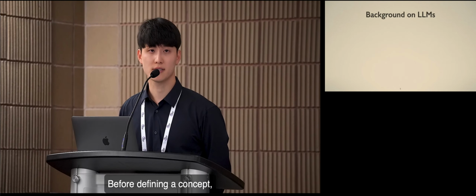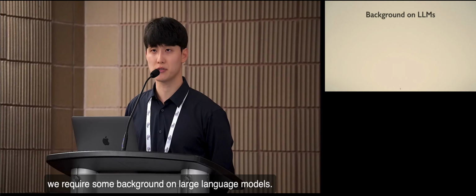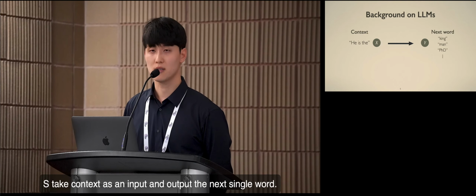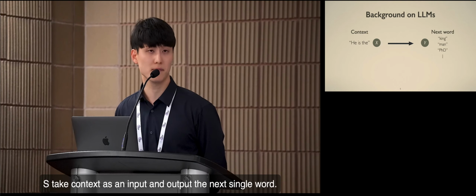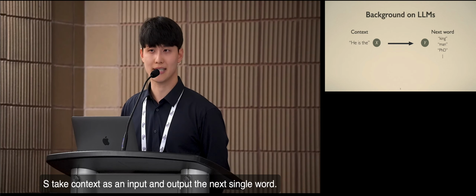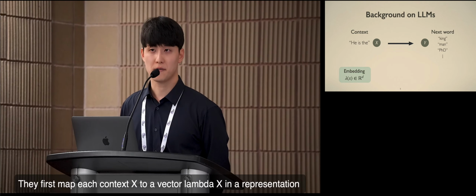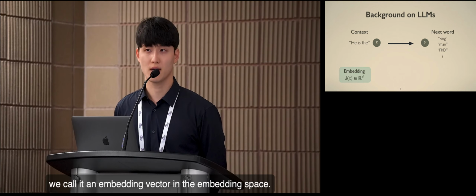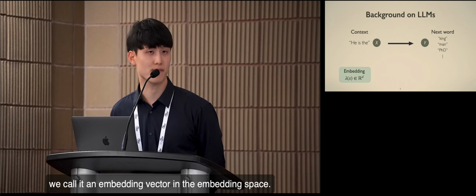Before defining a concept, we require some background on large language models. At each step, LLMs take context as an input and output the next single word. They first map each context x to a vector lambda x in a representation space. We call it an embedding vector in the embedding space.